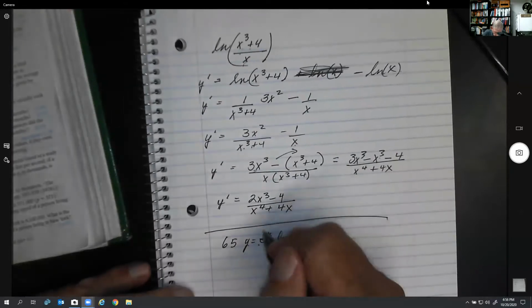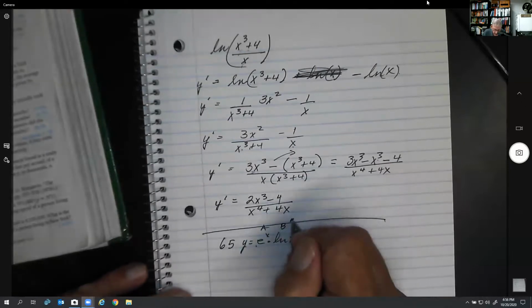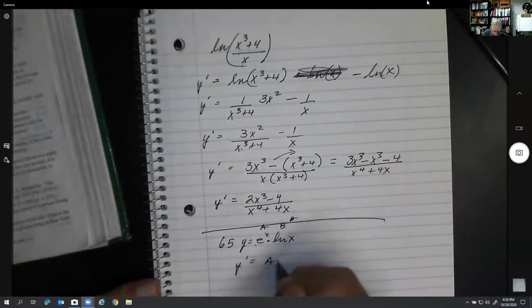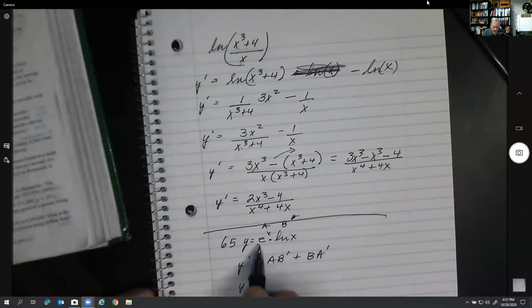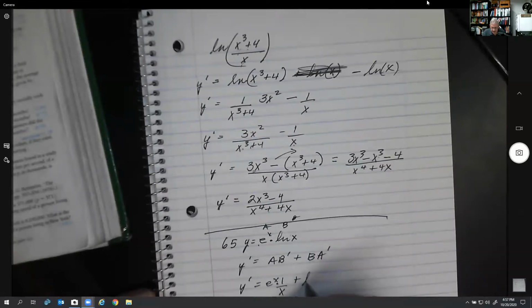This would be an ABBA, a, b prime, a, b. So the derivative is a, b prime plus b, a prime. So y prime is a, e to the x times the derivative of b, 1 over x, plus b, ln x, times the derivative of a, which is e to the x.